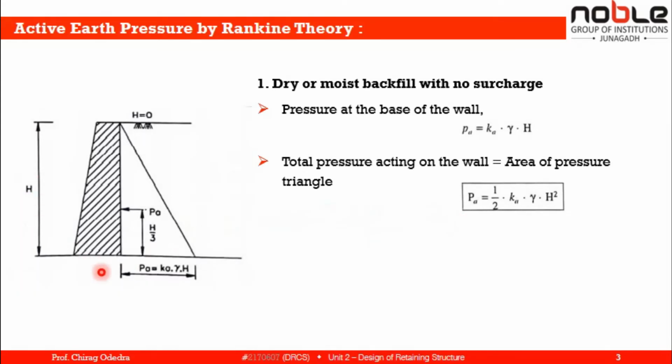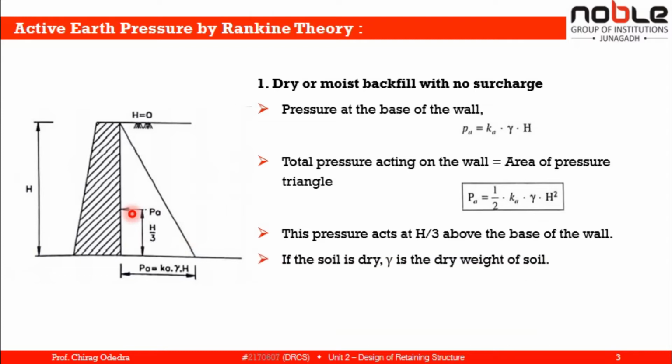So 1/2 × base × height gives us the total pressure, capital PA = 1/2 Ka γ h². This pressure acts at h/3 above the base of the wall. If the soil is dry, γ is the dry unit weight of the soil, and if the soil is moist, γ is the moist unit weight of the soil.